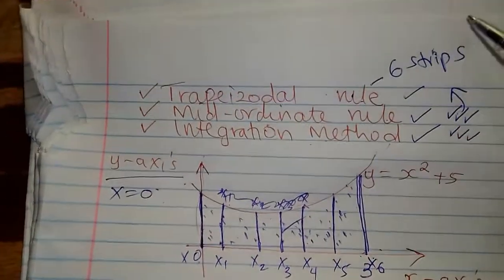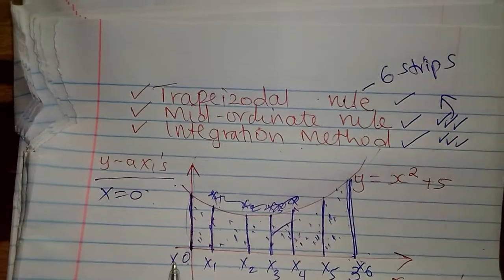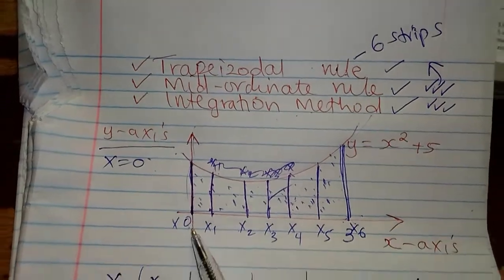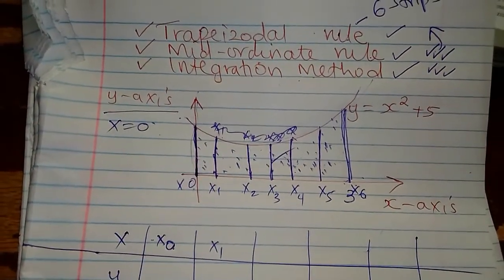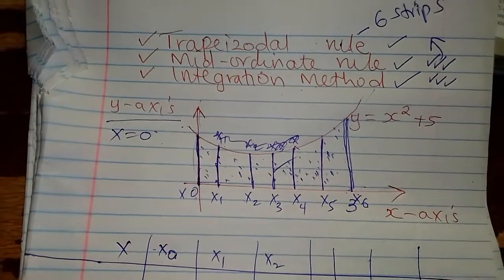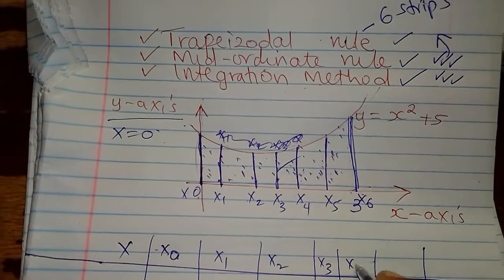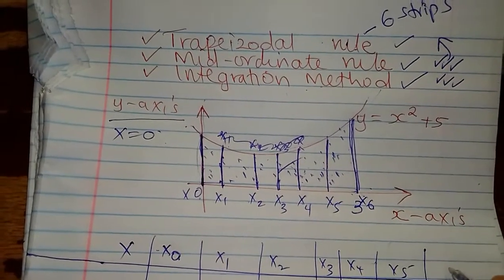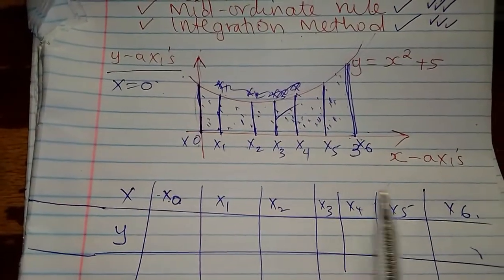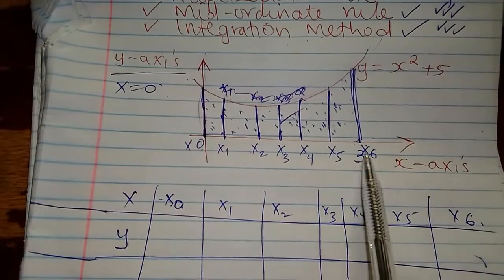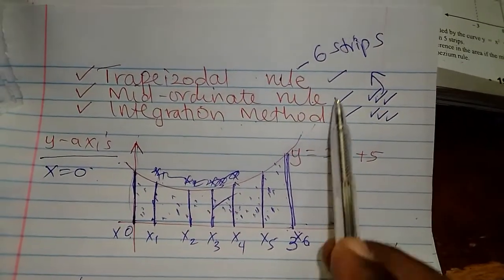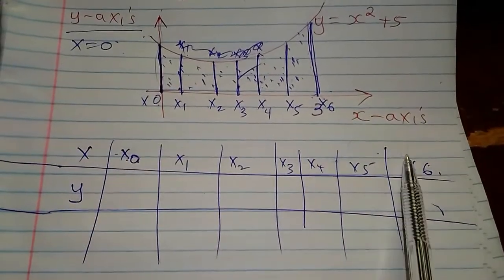I said if they say 6 strips, ensure you have 6 values of x with an additional value of x. So you have 7 values of x at the end of the day. So x0 to x6: 6 strips but 7 values of x.